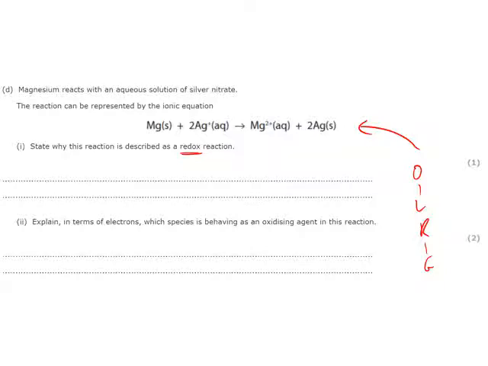So if we look at the electron transfer, we've got magnesium to magnesium 2+, magnesium is losing 2 electrons, therefore it's becoming oxidized. This is this first part here. It's becoming oxidized if you think about OIL RIG.